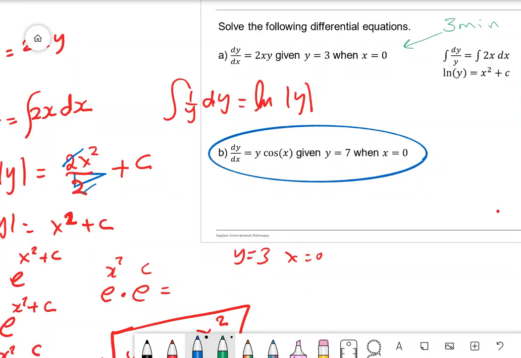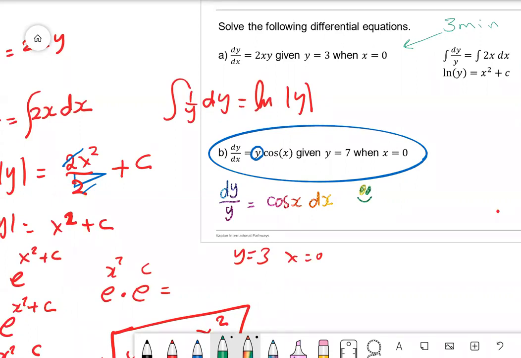The dx at the denominator, we move it to the other side to become at the top. I have y here, so I will divide by y. So this becomes dy over y equals cosine x dx. So far happy? Yes, I hope so.